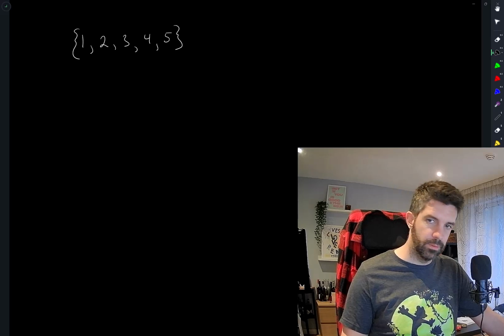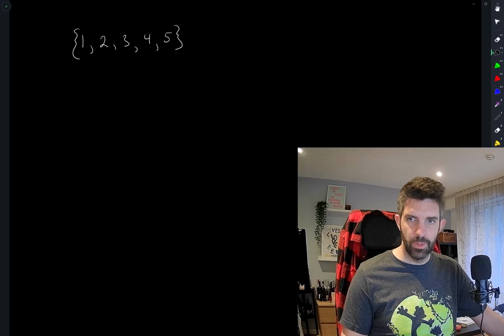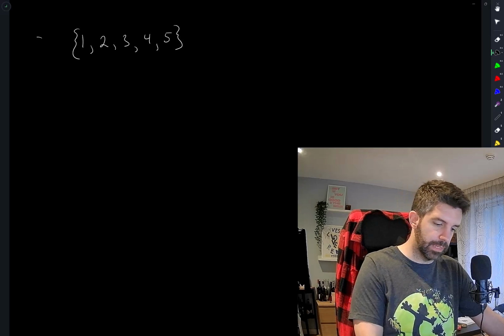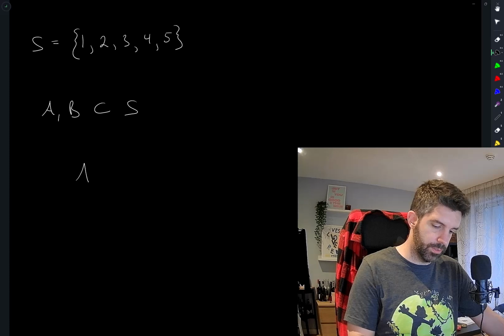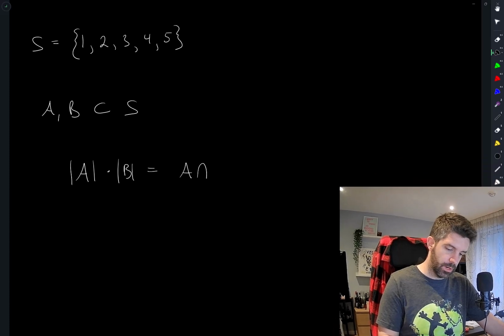So, of course, we need the number of ordered pairs. Let's just call this S. So A and B are subsets of S, and we want cardinality of A times cardinality of B equal to the cardinality of the intersection times the cardinality of the union.